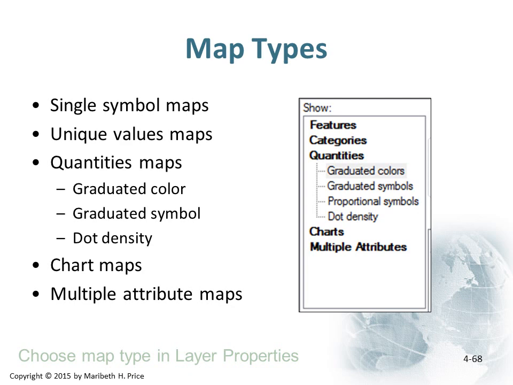As far as our maps, we have single symbols, unique values, and quantity maps, where we use things like graduated colors or symbols or dot densities, as well as the other techniques. Within each of these, we typically have more things that we can adjust and choose and change.